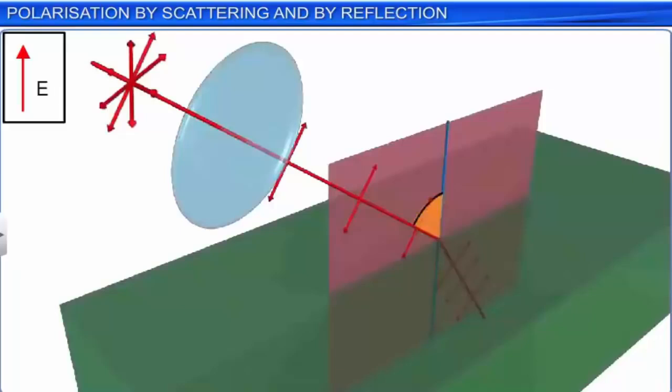This can be written as N2 by N1 is equal to sin IB by cos IB. This means the refractive index of the second medium with respect to the first medium, N21, is equal to tan IB. This is known as the Brewster's law.